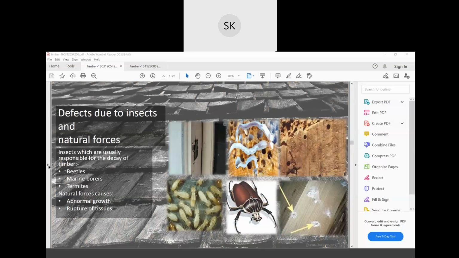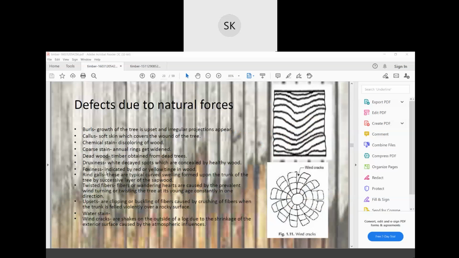So these are the different defects due to fungi. Due to insects, which are usually responsible for the decay of timber, these are some insects: beetles, marine borers, and termites. Natural forces cause abnormal growth and rupture of tissues. So these are some defects due to natural forces.